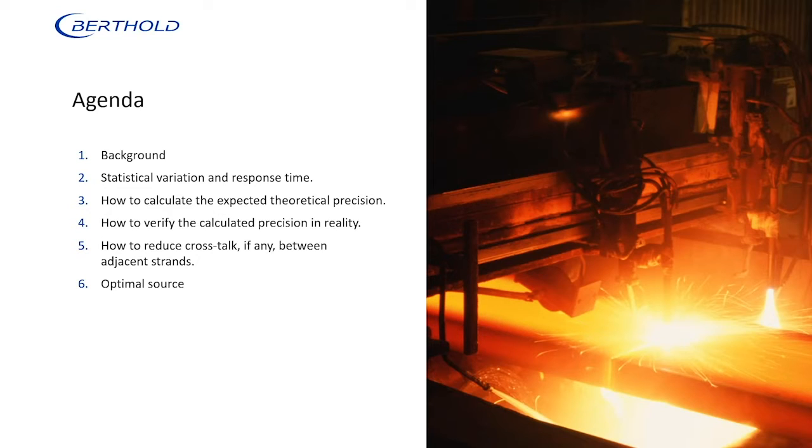In the optimal source section, we will take a look at possible source elements and also their pros and cons. Then what about electromagnetic stirrers and brakes? Do they affect us? Here we will discuss how to find that out and how to battle that if we have some influence.